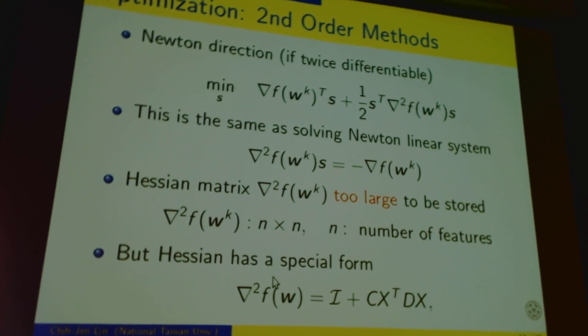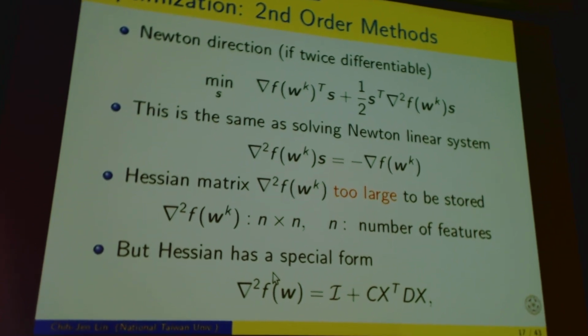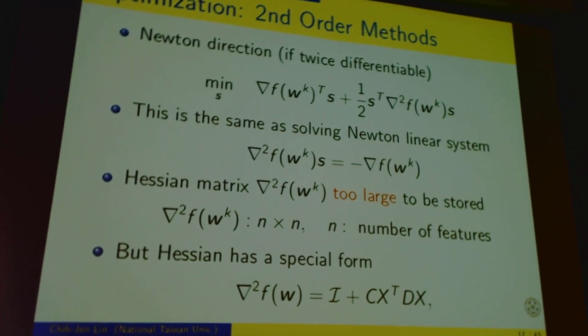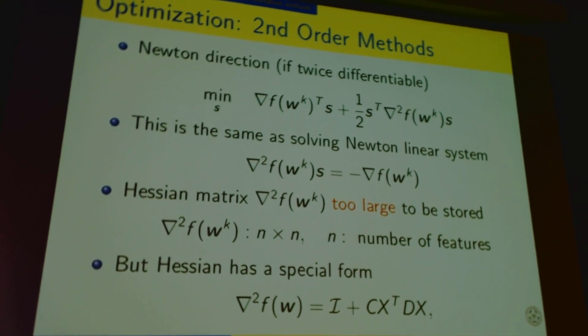However, here we can use some special properties of the optimization problems. For logistic regression or the squared hinge loss function, after some calculation, we can find out that the Hessian matrix actually has a special form.